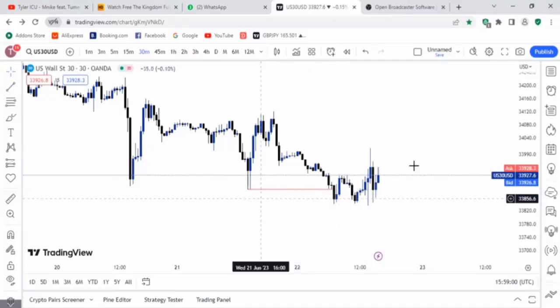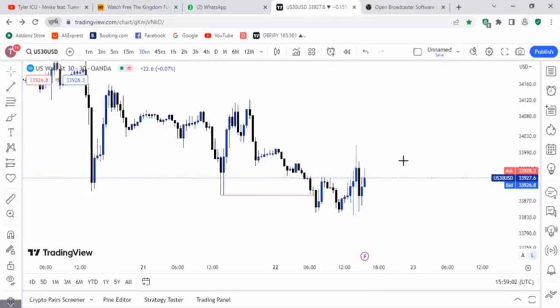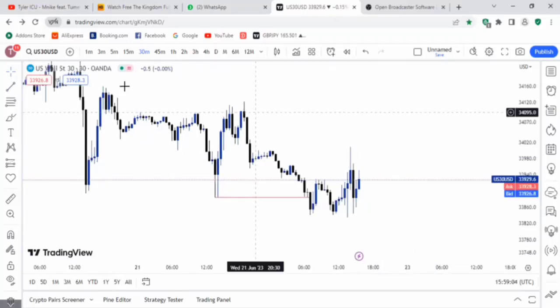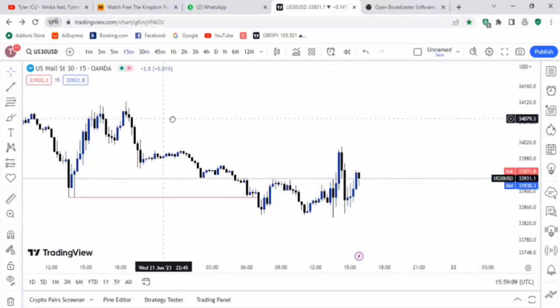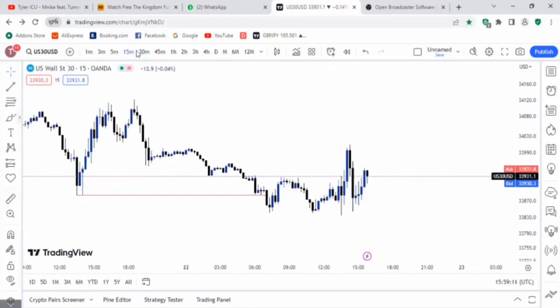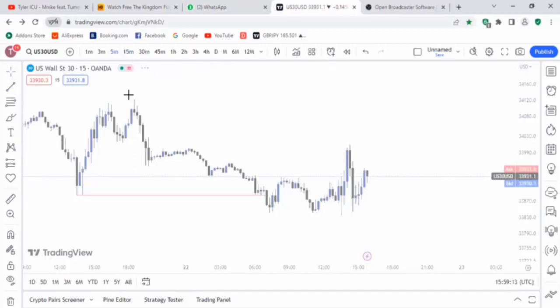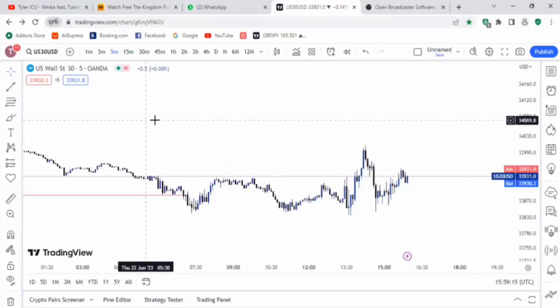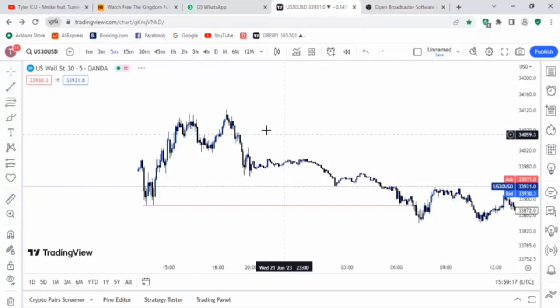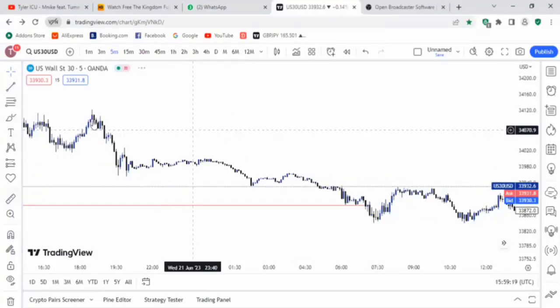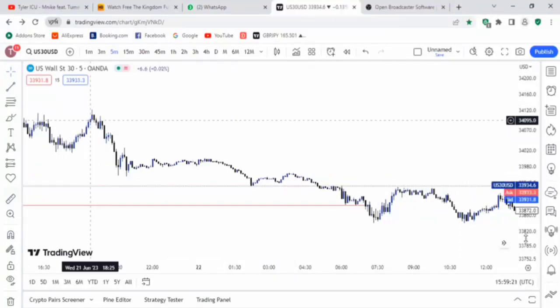This is our break of market structure. And remember that our order block, like I said, is going to be the last bullish candlestick here. So this is going to be my order block. I'll use a 5 minutes order block here in this case because I know that there's a candlestick here. So this is my 5 minutes order block here.